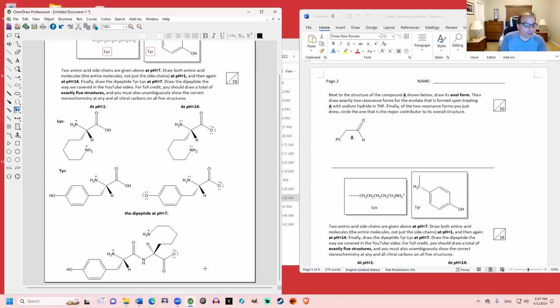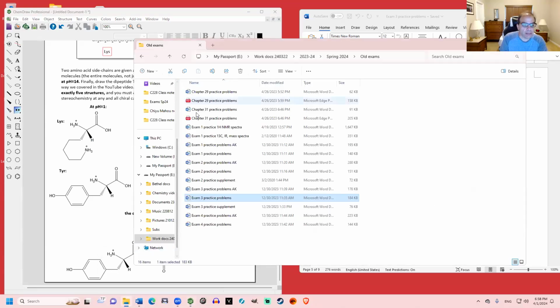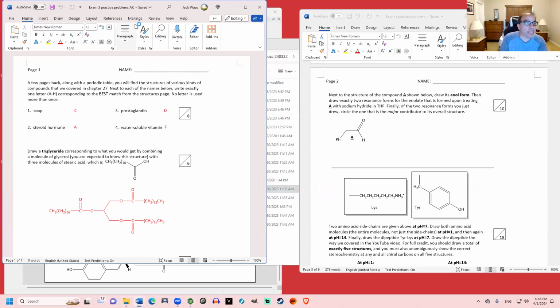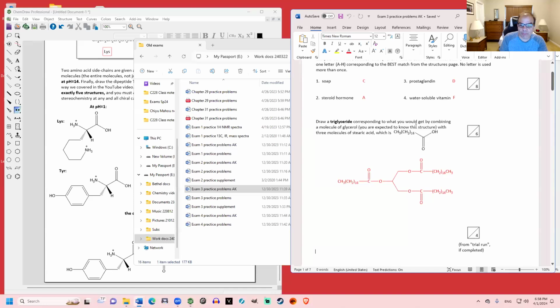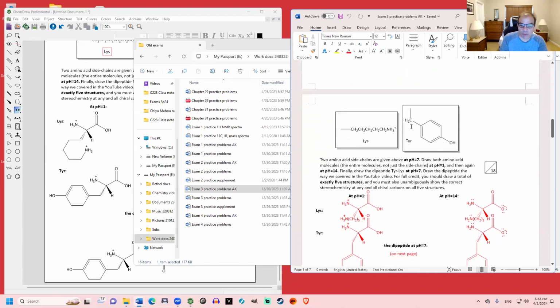So let me just make sure I haven't messed anything up. Let me do a triple check and compare to what I have on the answer key, since I know that some of you are following along with the answer key right now.